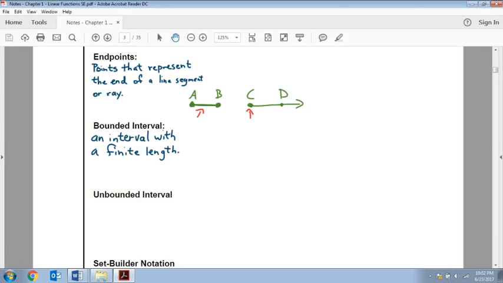For example, this example, A to B, has a finite length. And basically, finite means it stops. There is an end to it.